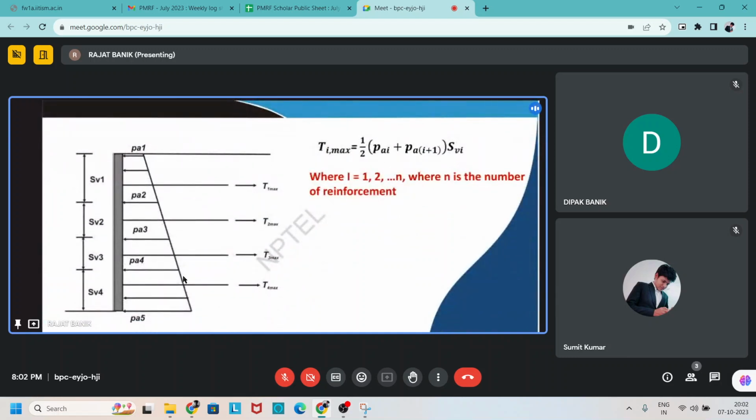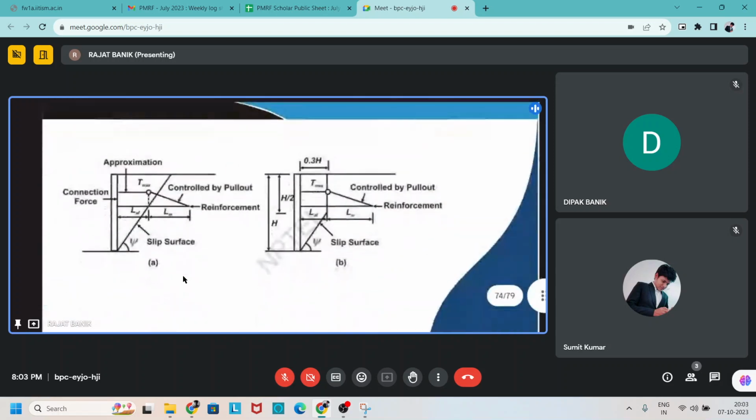Now another formula is given: T_i max is equal to half into (P_Ai plus P_Ai+1) into S_vi, where P_A is the active earth pressure at different layers 1, 2, 3, and S_vi is the spacing between two reinforcements, and T_max is the maximum tensile force for the reinforcement.